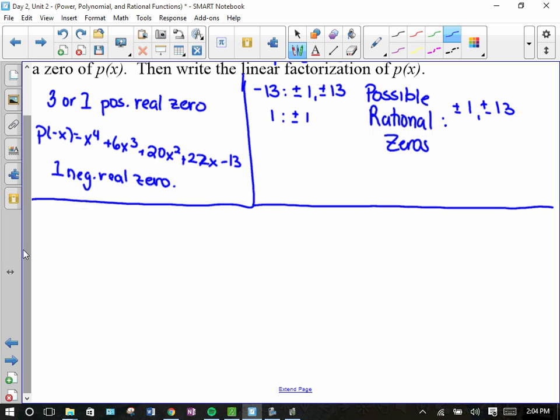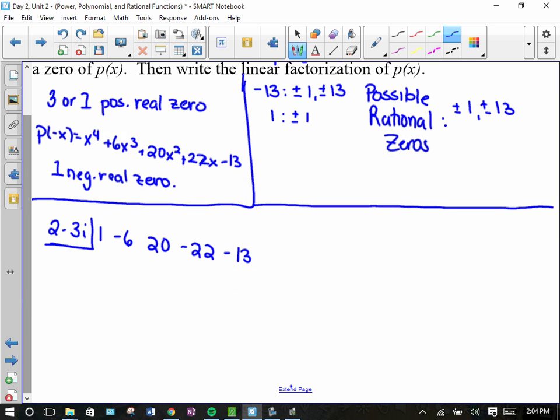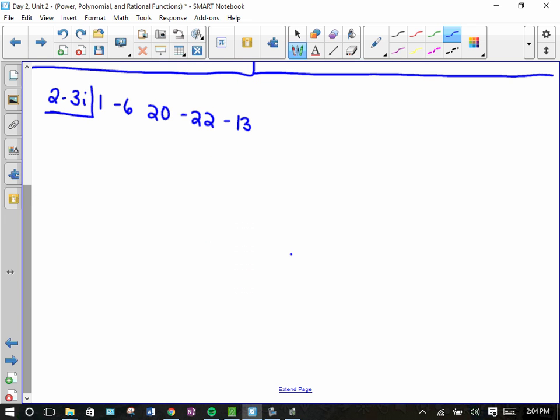So, I know 2 minus 3i. I know this is a zero. Okay? And I know my coefficients are 1, negative 6, 20, negative 22, negative 13. Okay?